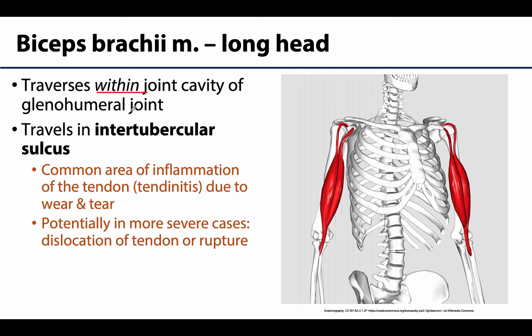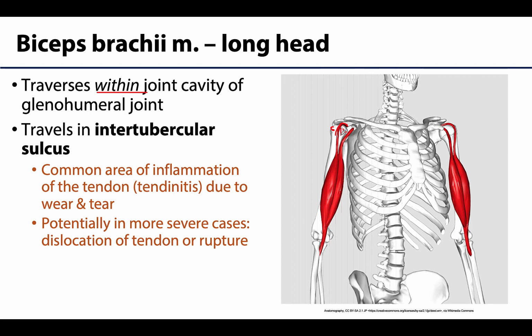Additionally, this tendon will descend and travel through an area called the intertubercular sulcus. Sometimes you hear it referred to as the bicipital groove. And this is going to be located between the greater and the lesser tubercles. So it's this region right here. And there's actually a ligament that connects the tubercles, making essentially a canal for this tendon to travel. This ligament serves to keep the tendon in place or prevent what is called bowstringing of that tendon with particular movements.